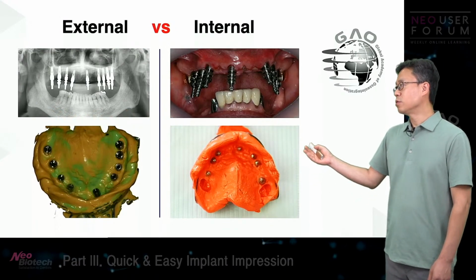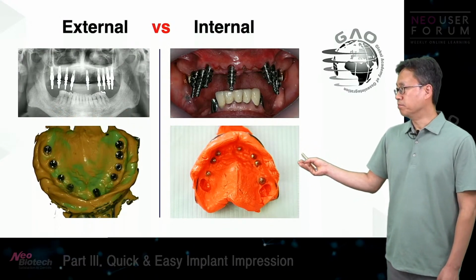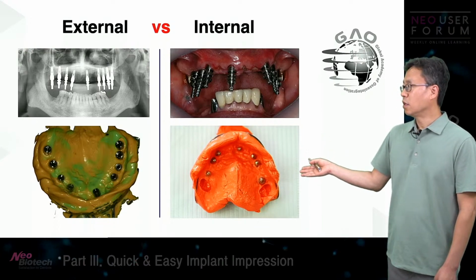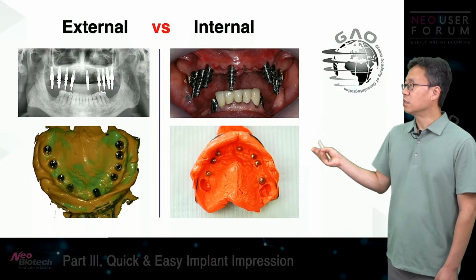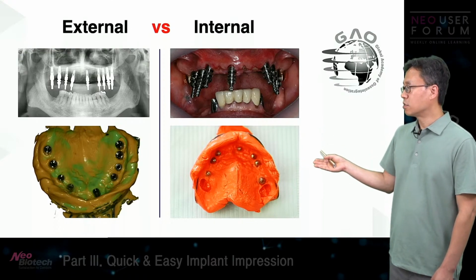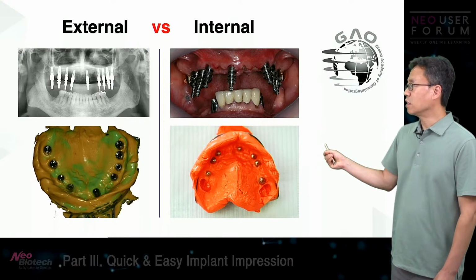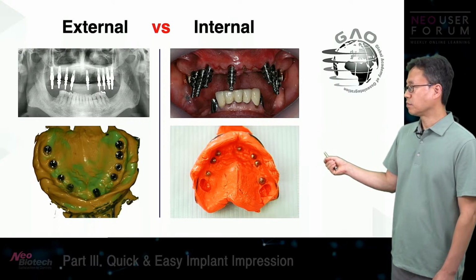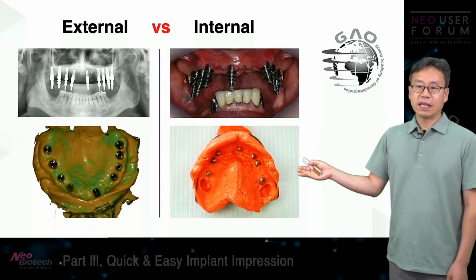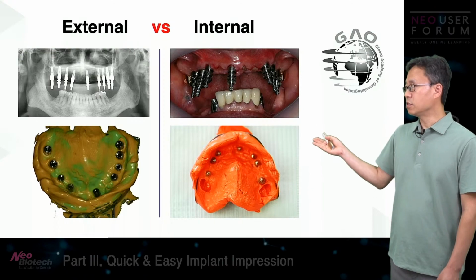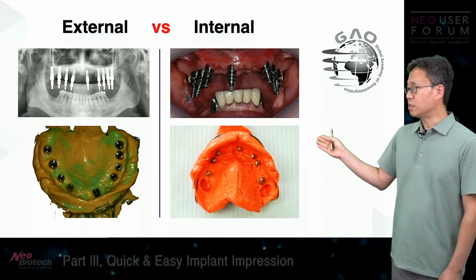These are the photos of taking impression for implants. The left is the impression for 9 external connection implants. The right is 7 internal connections. Which one do you think is easier to remove from the patient's mouth after the rubber is set?